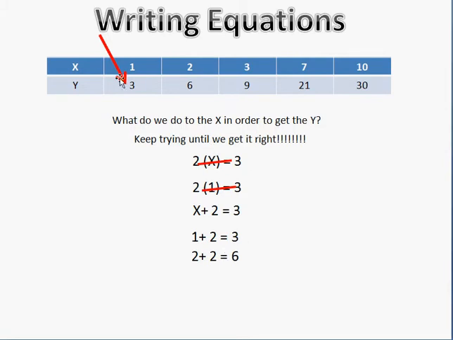When I plug in my next x value, 2 plus 2 does not equal 6. 2 plus 2 is 4. So I know it's not x plus 2 either. So like it says, I need to keep trying until I get it right. So let's go to the next one and see what we can do.